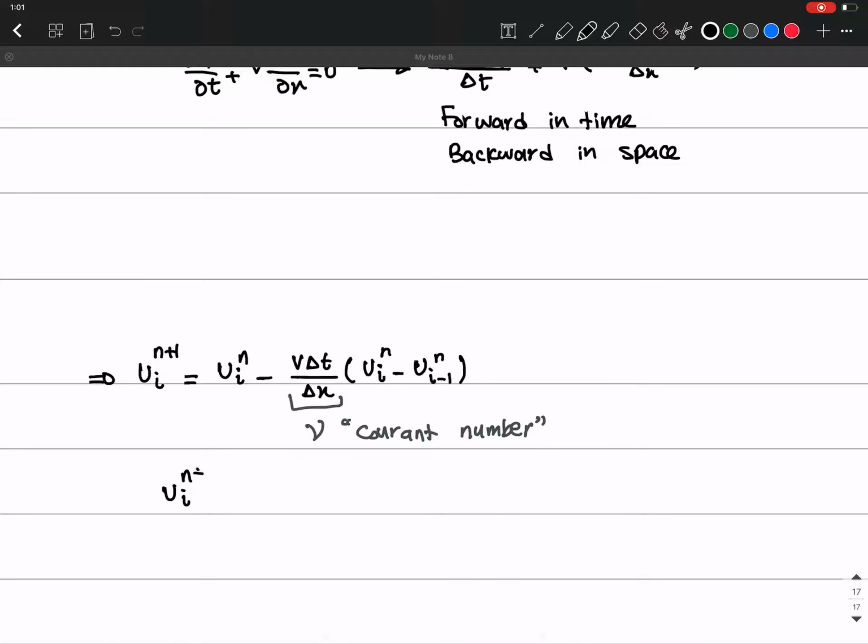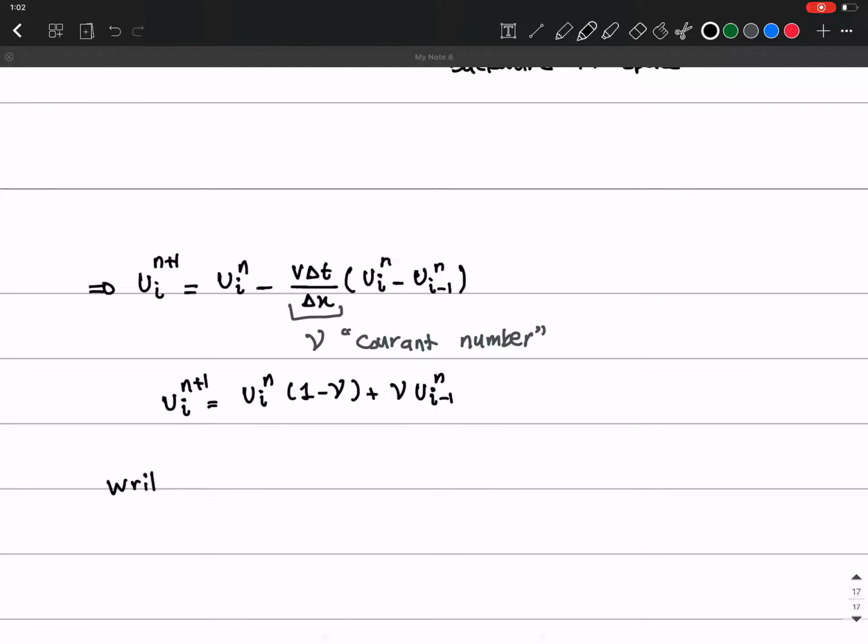So u_i^(n+1) equals (1 minus nu) u_i^n plus nu u_(i-1)^n.